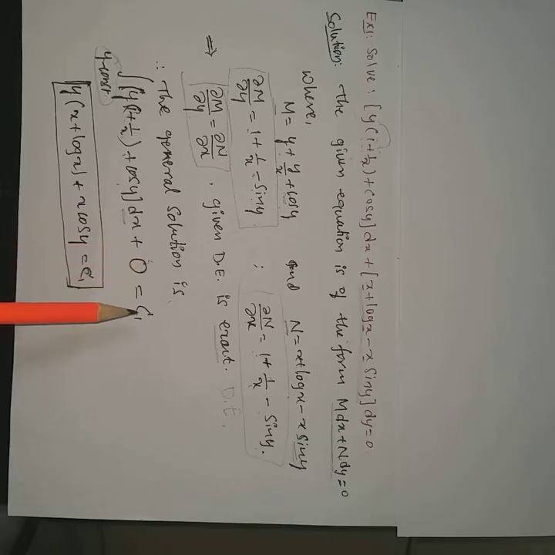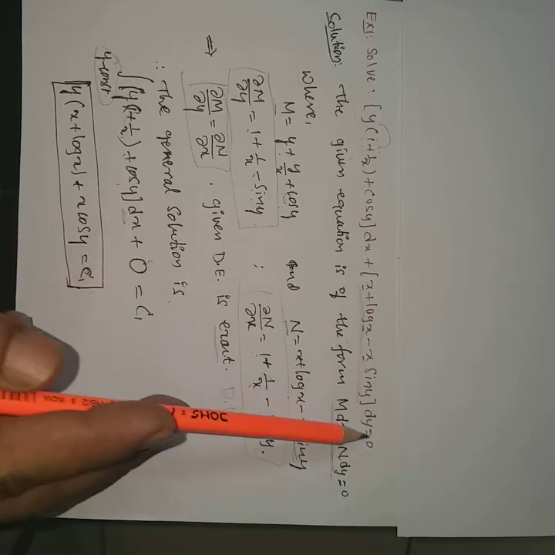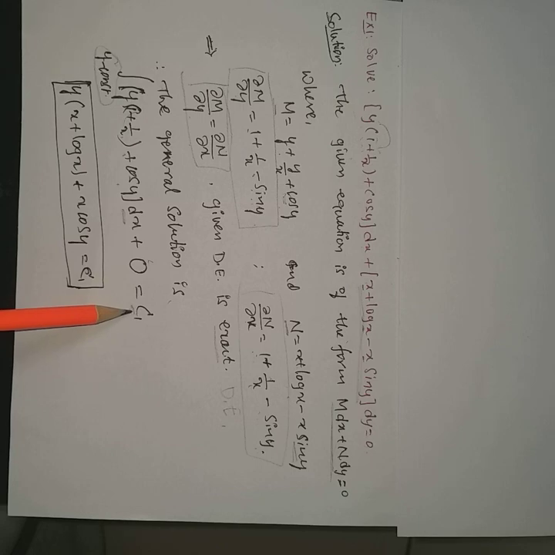The integration of 0 becomes some constant c, which you can also write as c1, c2, or k1, k2. Now we need to integrate only the first quantity with respect to x, where y is treated as constant.